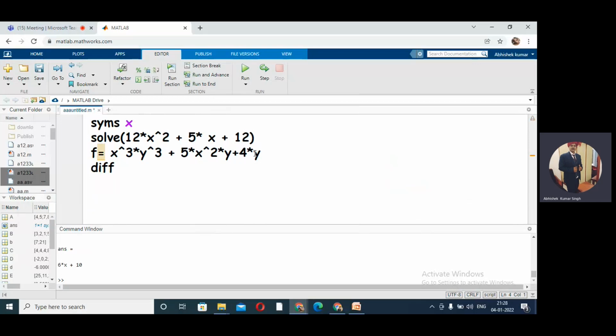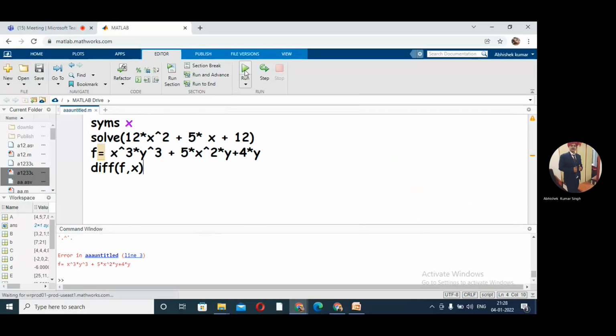So when you put the diff command, you need to specify whether you want to differentiate with respect to x or y. So I'll put differentiation of f with respect to x. So we get to see something. What is that problem? X cube star y cube plus 5 star x. Oh, here is some problem, I think.